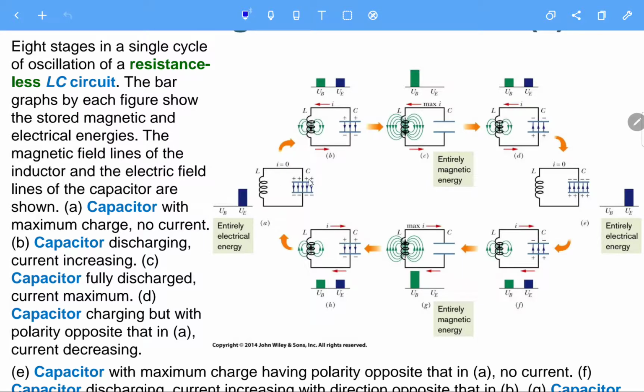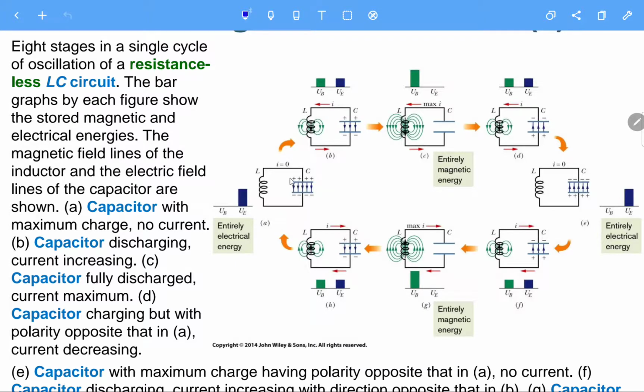And for the next stage, as we have the charge here, this is positive, this is negative, it will try to go through this inductor, and then they will try to neutralize. So in this case, the voltage across the capacitor will decrease.